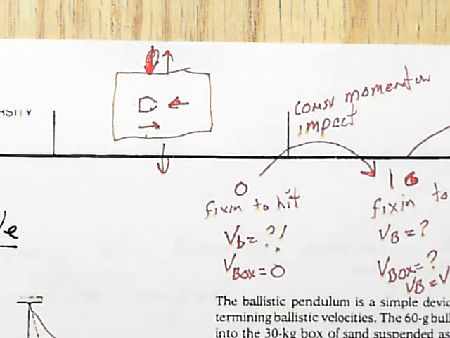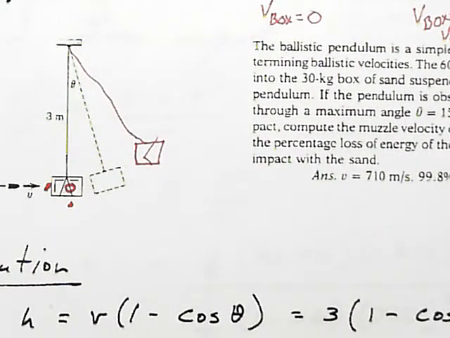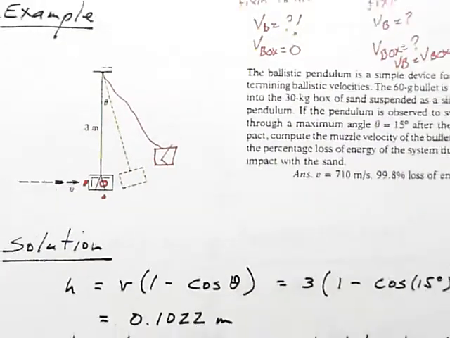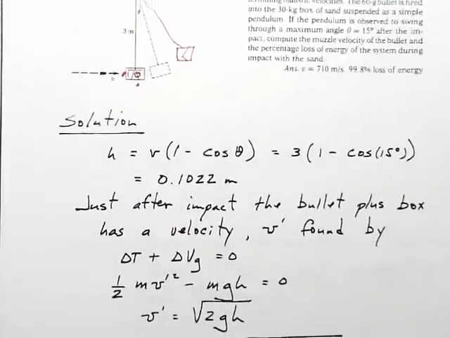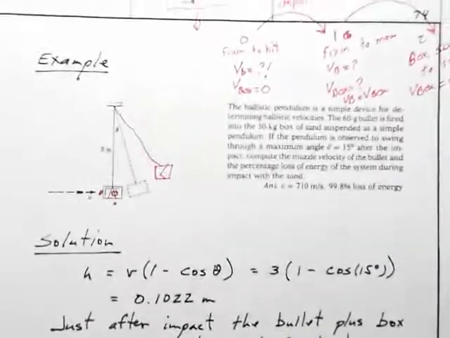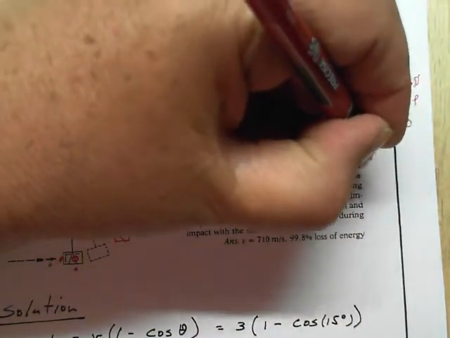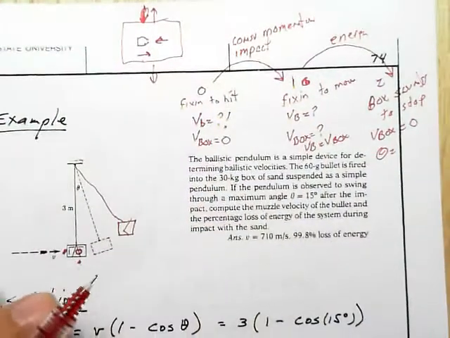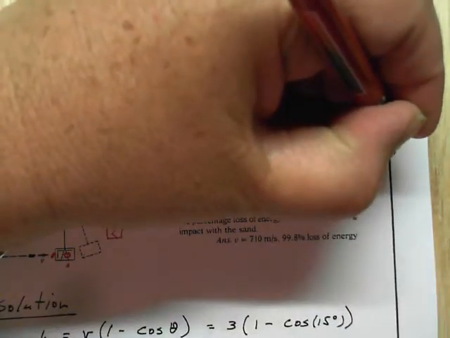Alright, let's put the math together on this problem. Again, let me zoom out so I don't lose you. Probably a decent size. Okay. We know the most here because we also know that theta is equal to 15 degrees.